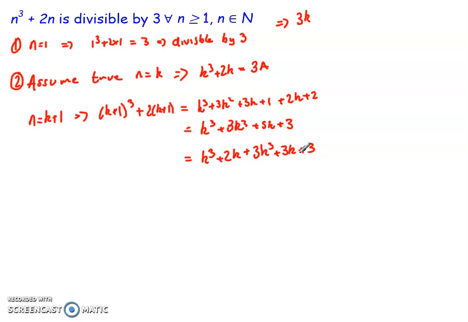Now the reason I'm doing this is this part here, k cubed plus 2k, takes the exact same format as the n cubed plus 2n, but for a value k. And we also know from our assumption here that k cubed plus 2k is equal to 3 times some value, so 3a. That means that this here is 3 times something a.